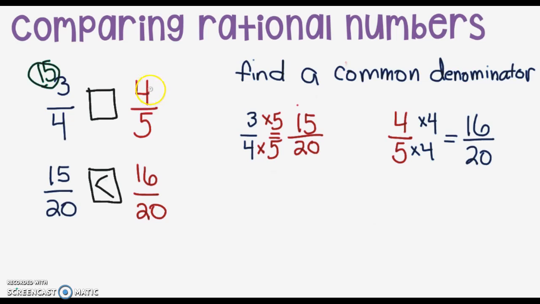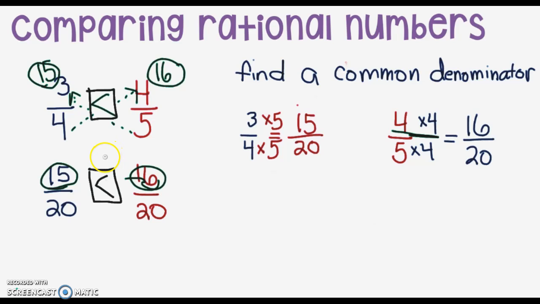Look at the numerator of 4/5. We multiplied it by the denominator of the other fraction, 4 times 4 is 16. So basically what we did here is we multiplied. As you can see, we are getting the same results so easily. This is the shortcut without even doing anything with the denominator. We can see that 15 is less than 16.